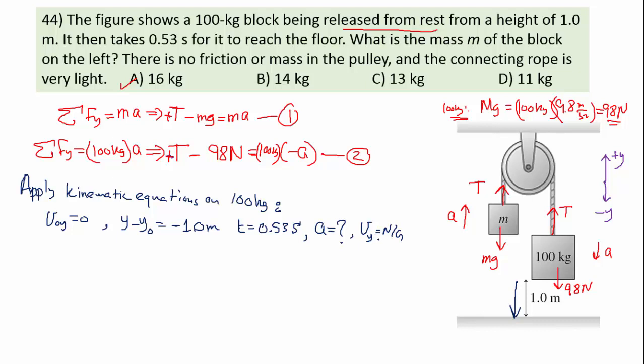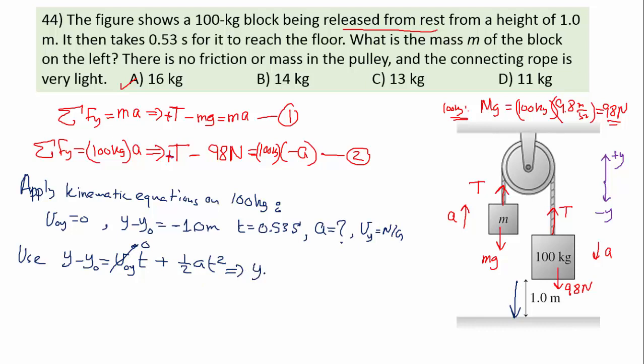So since the final velocity is not given, the only equation we can use is equation number 4. y minus y0 is equal to the initial velocity in the y direction times t plus 1/2 a t squared. And now we solve for the acceleration. The initial velocity is 0, so this part will be 0.